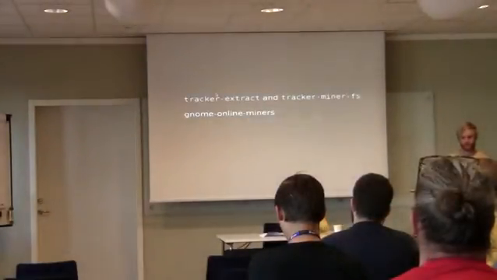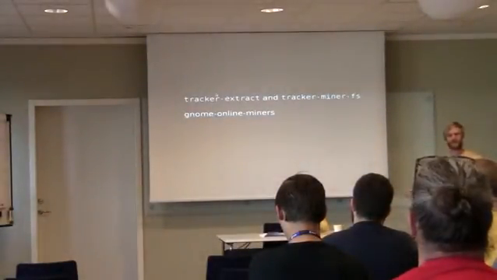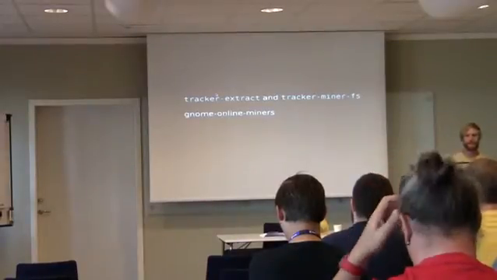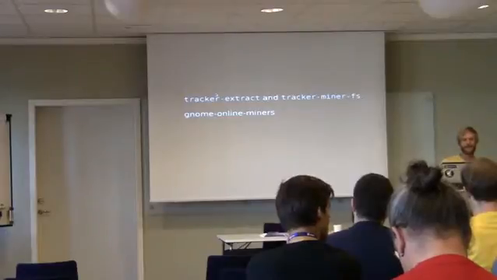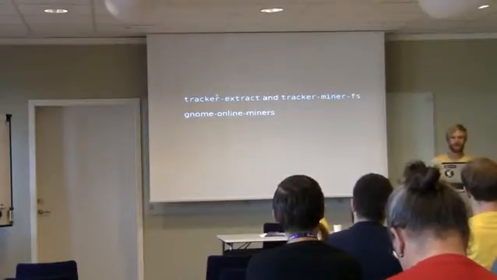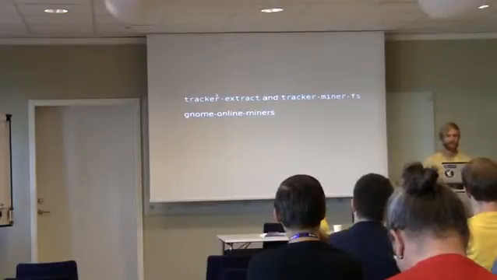That's NEPOMUK. So we have this database, we have schemas for it. We need some way of getting information into it. Now, applications can store data in the Tracker store directly, and some do, but all the existing files on your file system need to get in there somehow.